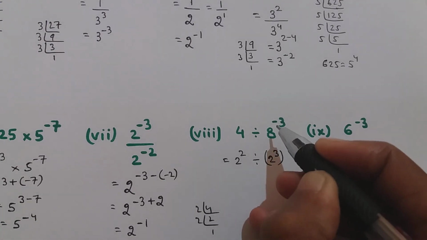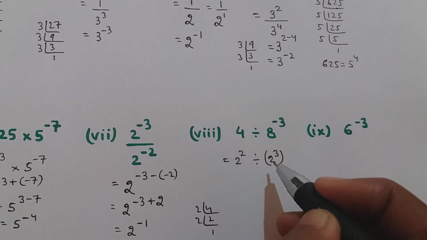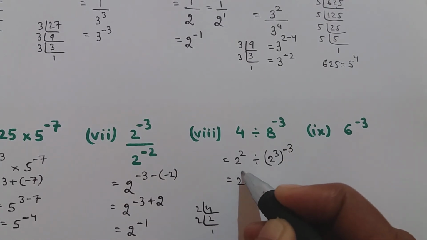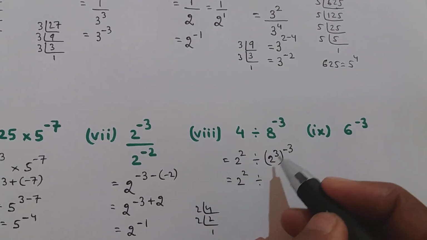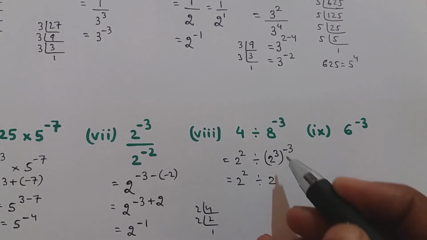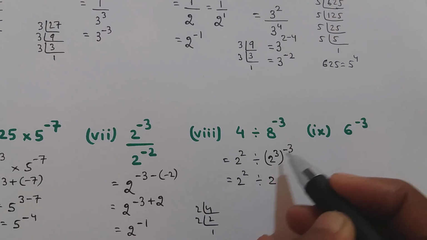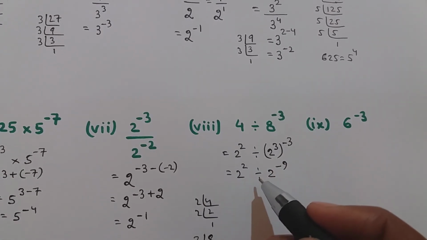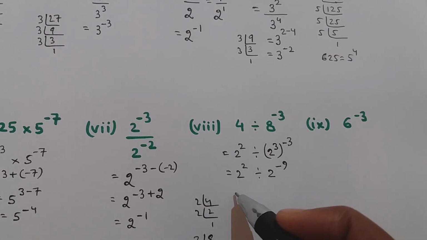Now 8 raised to the power minus 3 will become 2 cube whole raised to the power minus 3. So this is 2 square divided by 2 cube whole raised to the power minus 3. It will be 2 raised to the power 3 into minus 3, and 3 into minus 3 is minus 9. So 2 square divided by 2 raised to the power minus 9.